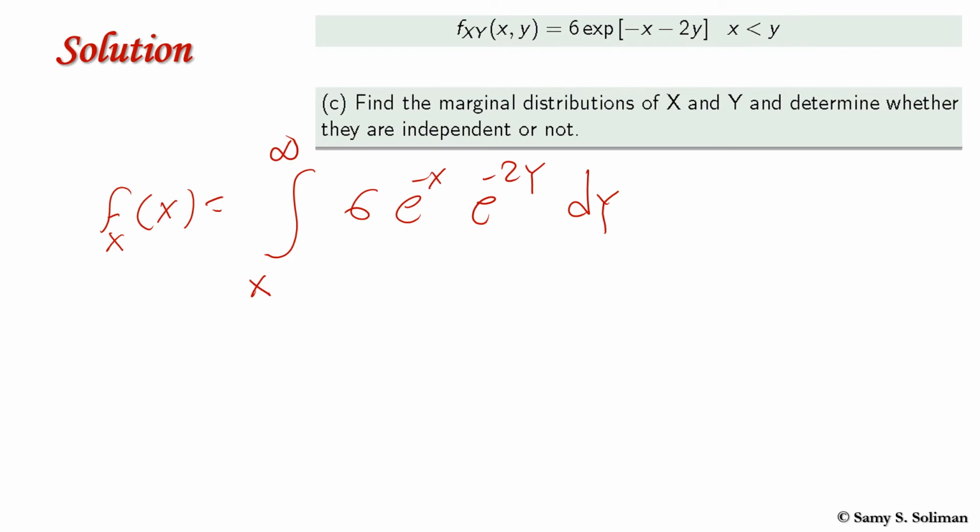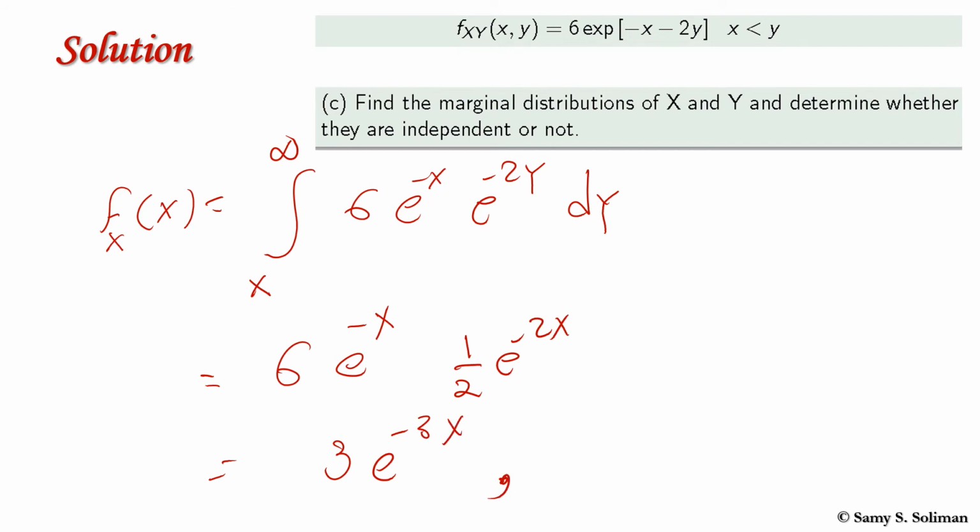So of course this will be a function of x, that will be 6 e power negative x, and since we calculated the remaining integral in a previous step, and we know it will be half e power negative 2x, we get 3 e power negative 3x, and we shouldn't forget to specify the range of x, which is x is larger than 0.